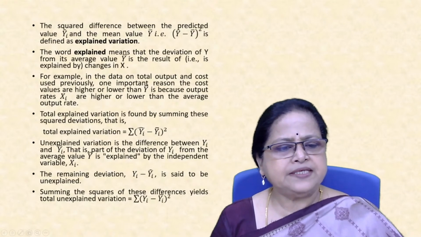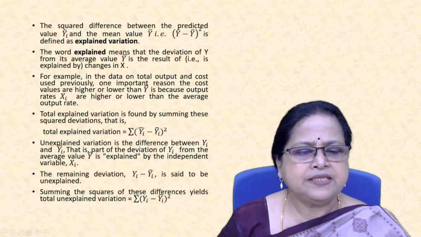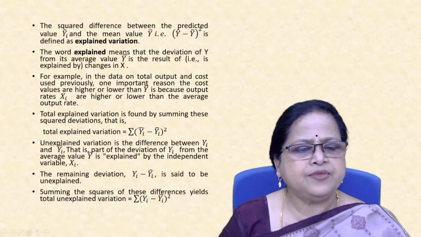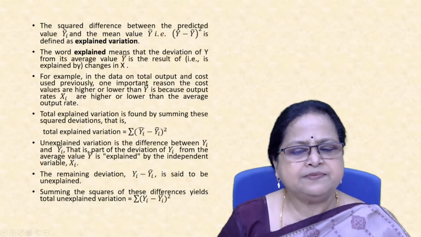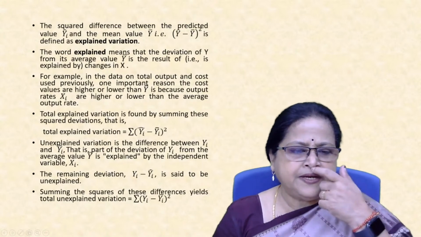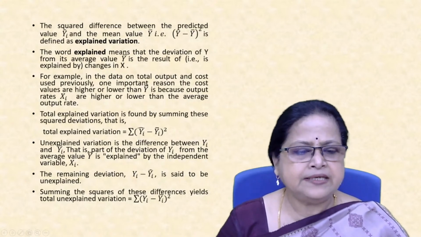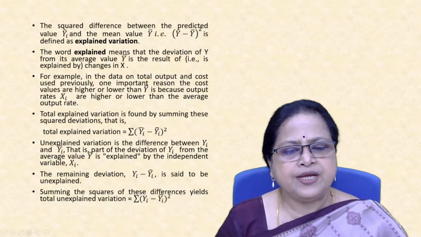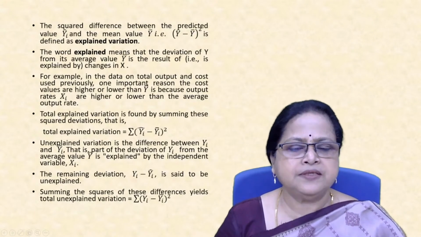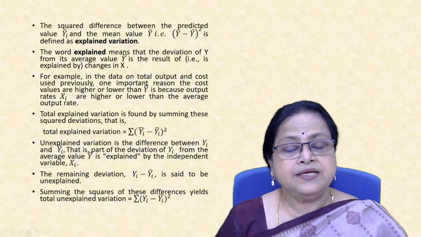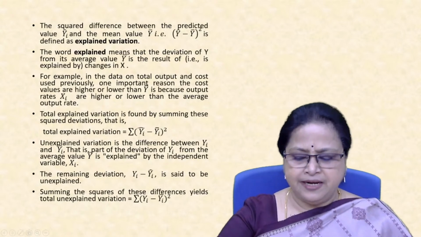The remaining deviation, yi minus yi hat, is said to be unexplained. That means we don't know for what reasons there is a variation between the estimated value and the actual value. Summing these squares, we get the unexplained variation.